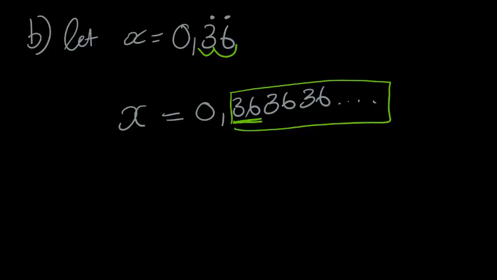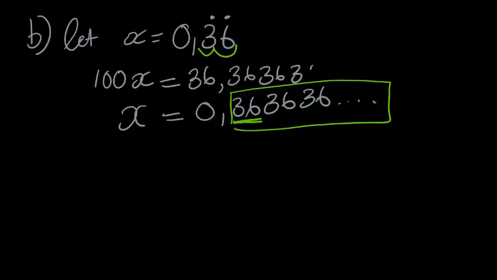So I am going to say 100x is equal to, and because I moved the comma 2 places, I'm going to say it's 36, comma 363636 recurring. So now notice that these are all in line, right?